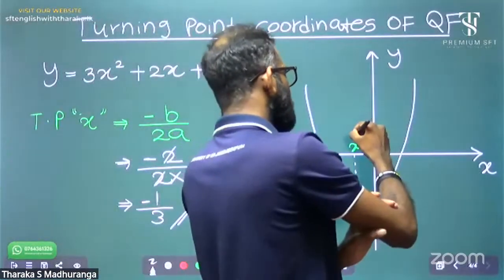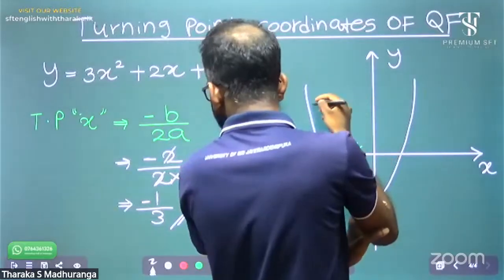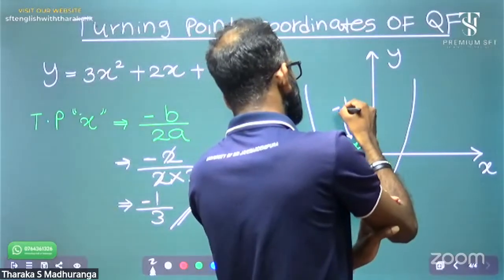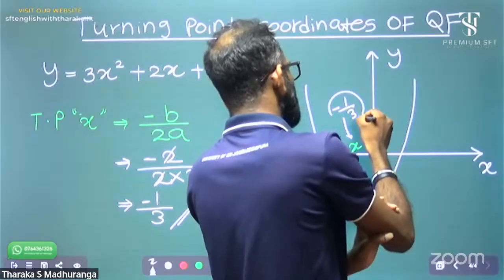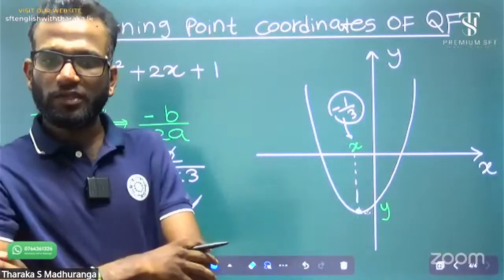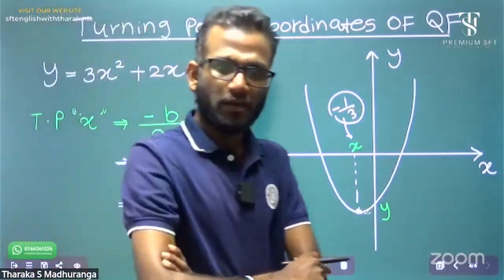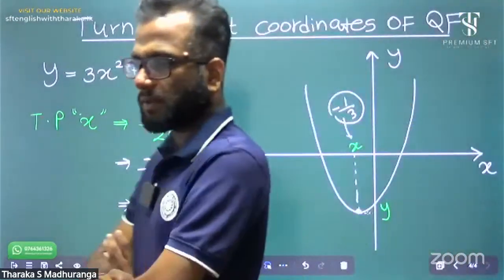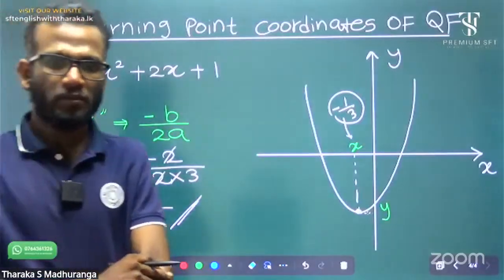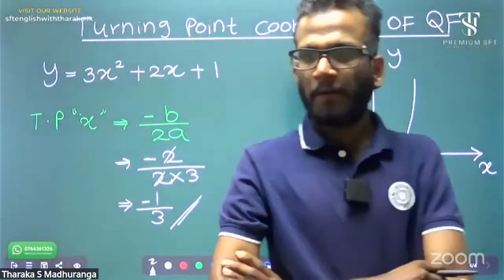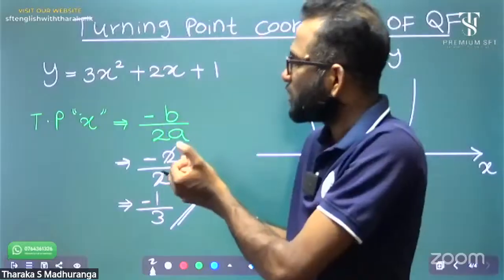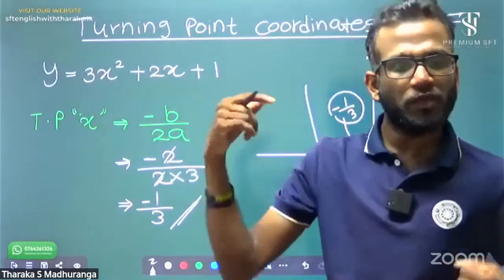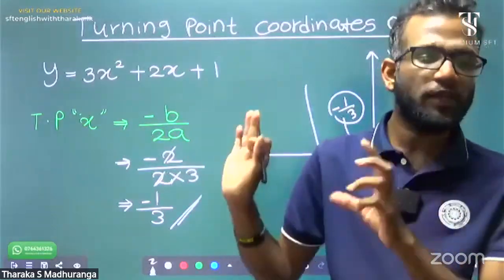The value of the x coordinate, as we drew it, is exactly minus 1 over 3. Understood? I just substituted into this basic equation. Minus b over 2a is the equation for the turning point x coordinate.